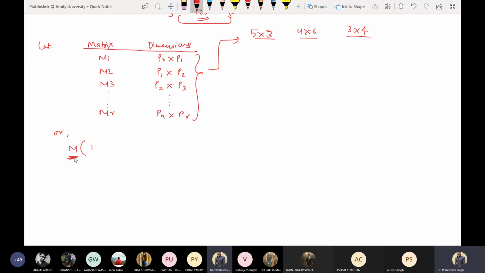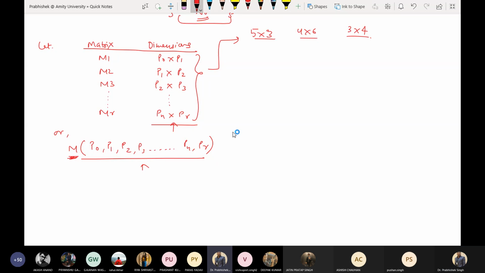All the matrices have a series of dimensions like P0, P1, P2, P3, up to Pn. In the questions, the dimensions can be given either in this way or in this way.